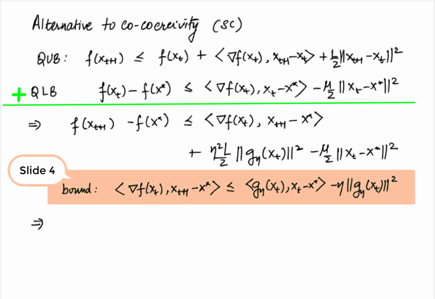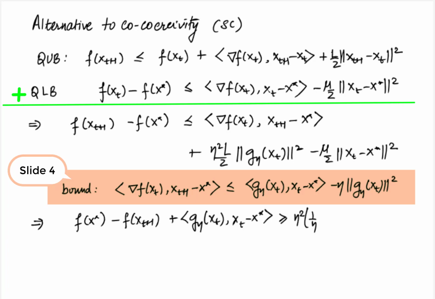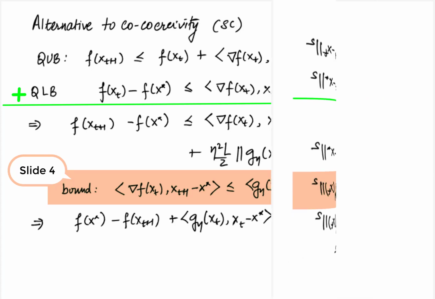So as to get f of x star minus f of x_{t+1} plus the inner product of G_eta of x_t, x_t minus x star greater than or equal to eta squared times (1 by eta minus L by 2) norm squared of G_eta of x_t, plus mu by 2 norm squared of x_t minus x star. So this is our alternative to co-coercivity for the strongly convex case.